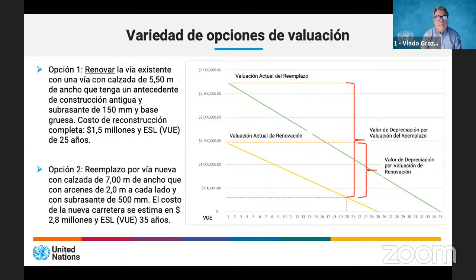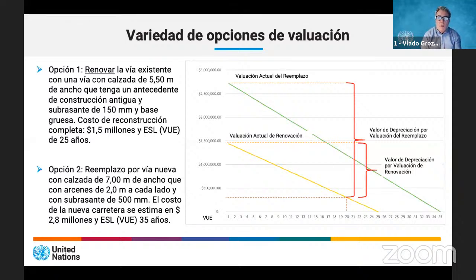And then we're going to see that it was estimated 1.5 million from this yellow line. And you can see on the red lines there that depreciation value is smaller for renewal than for replacement valuation.